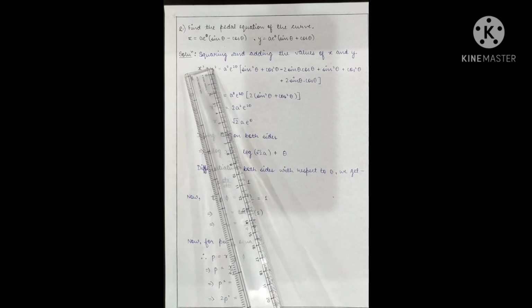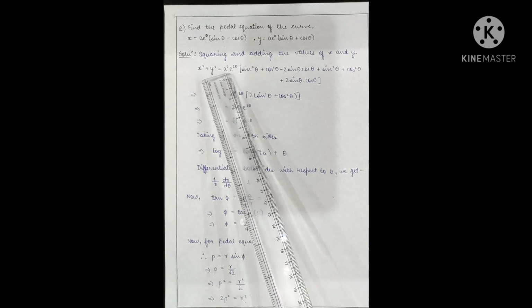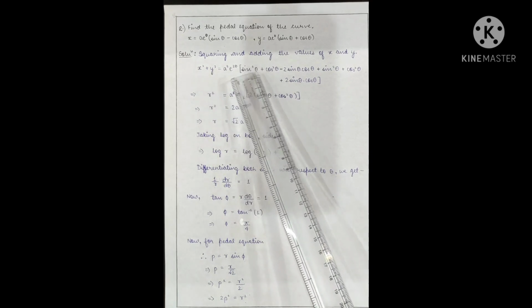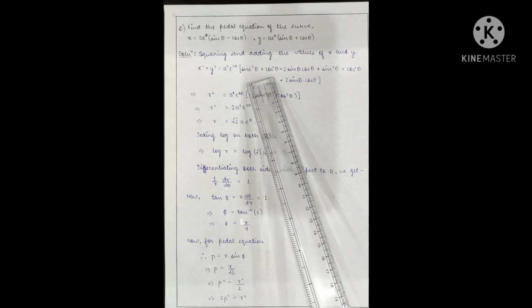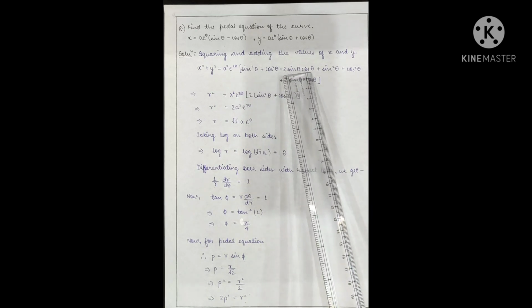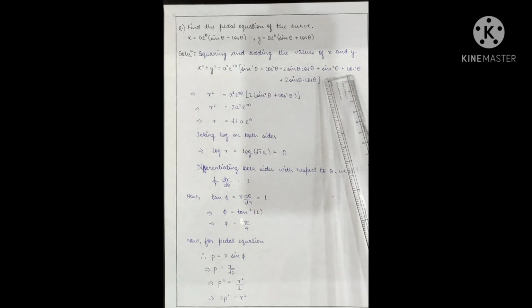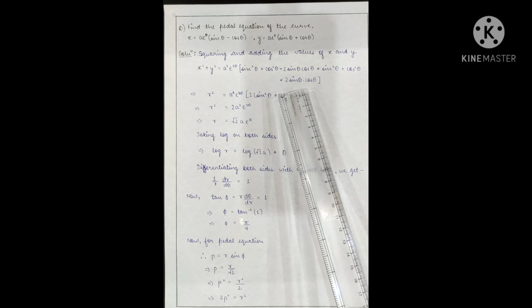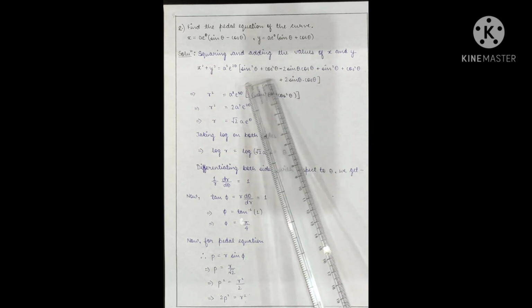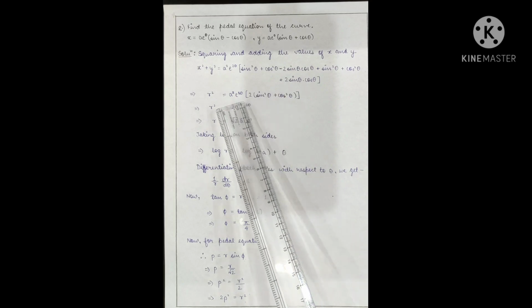x square plus y square is equal to a square into e to the power 2 theta, and in the bracket sin square theta plus cos square theta minus 2 sin theta cos theta from here, and sin square theta plus cos square theta plus 2 sin theta cos theta from here. So these two will be cancelled out.